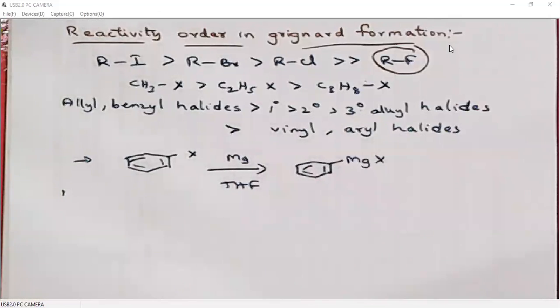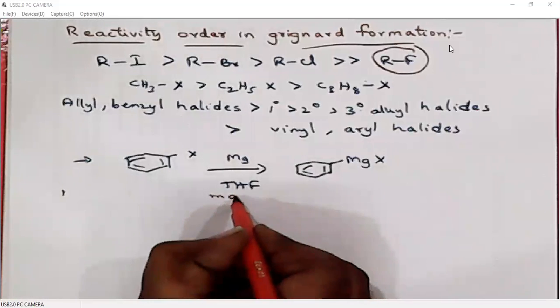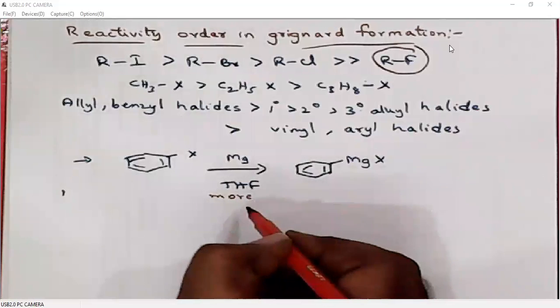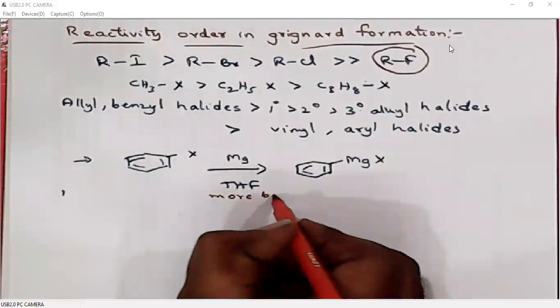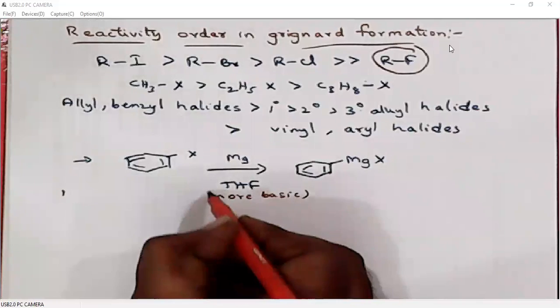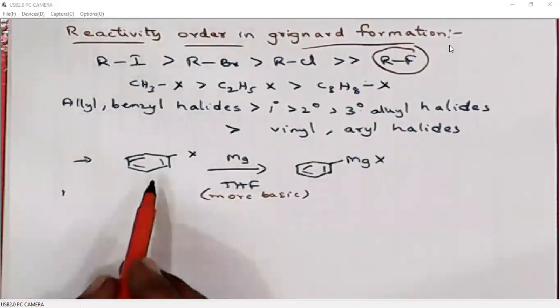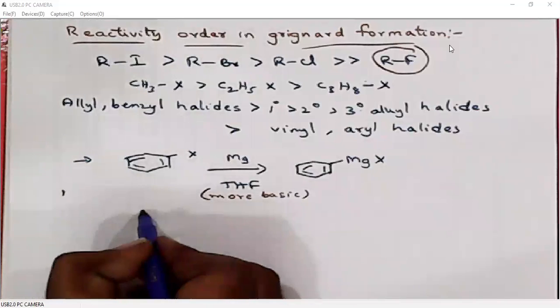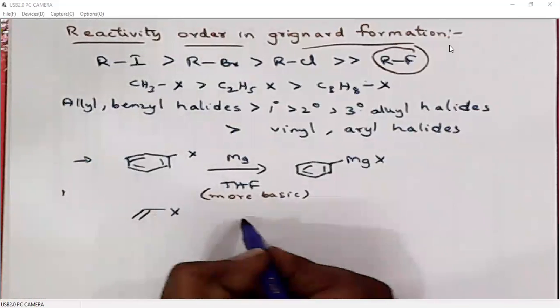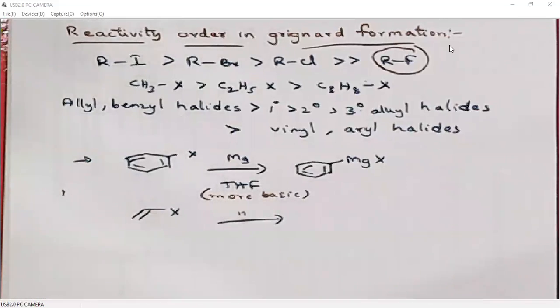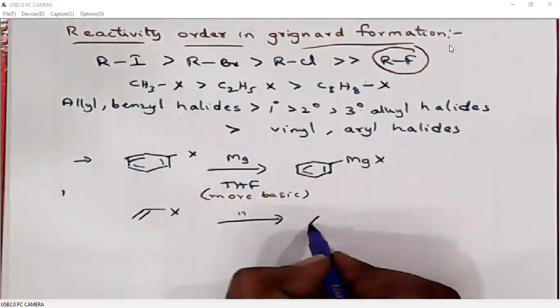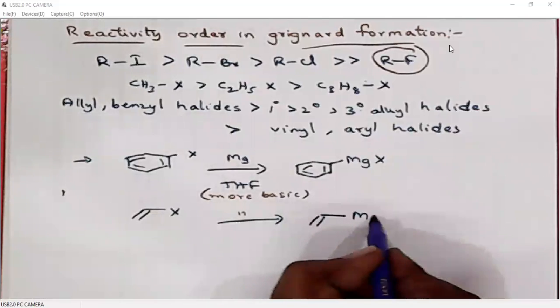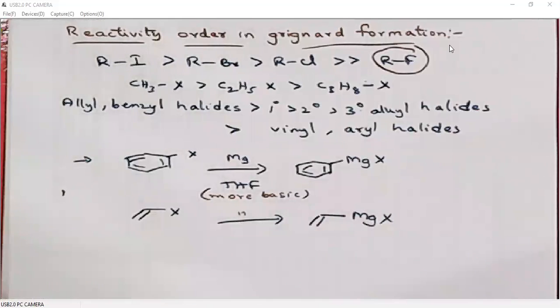Why do we use THF? THF is more basic in nature compared to ether. So it facilitates the formation of even difficult Grignard reagents. Similarly, here also we will use THF as the solvent to generate vinyl Grignard reagents.